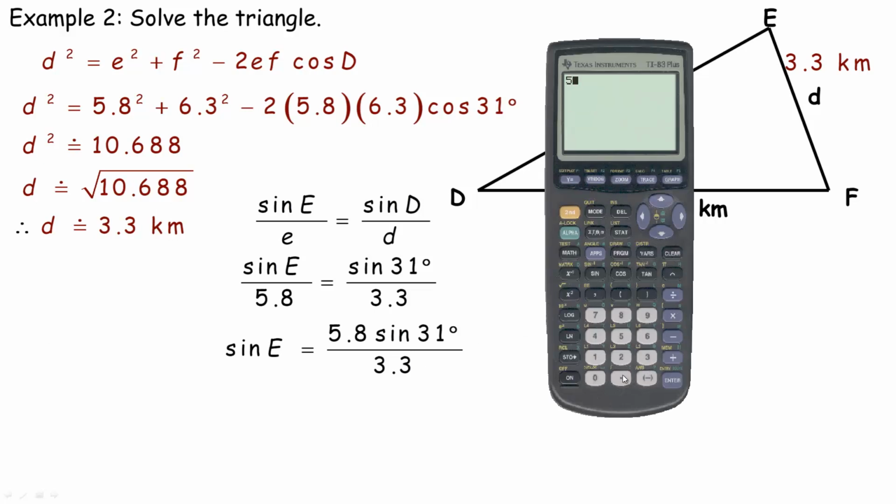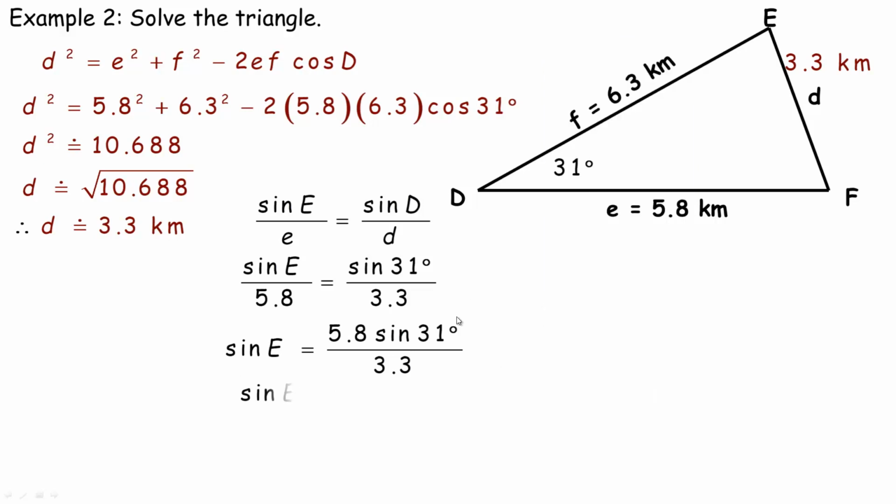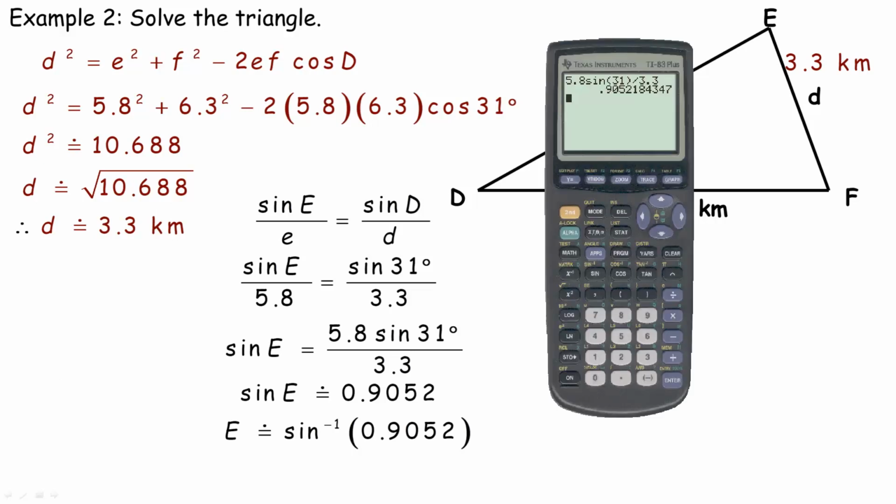And so 5.8 sine 31 divided by 3.3. So 0.9052. So sine E will equal 0.9052 approximately. And so we take the inverse sine of that, and maybe we'll demonstrate that with the calculator too.